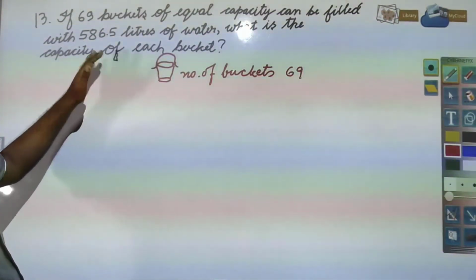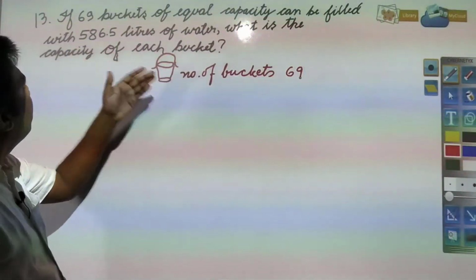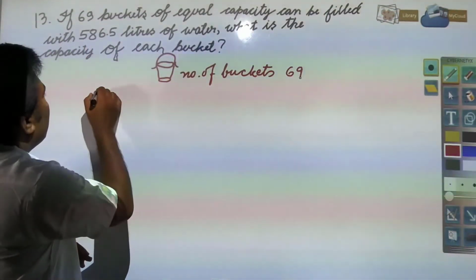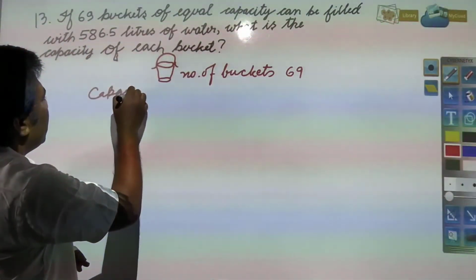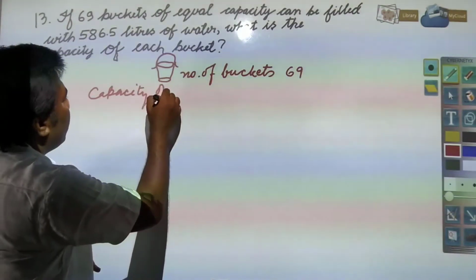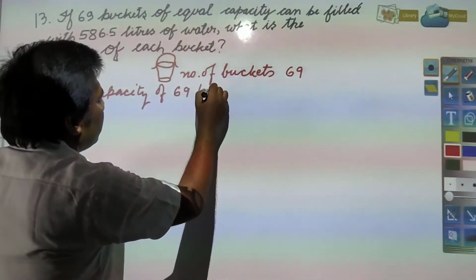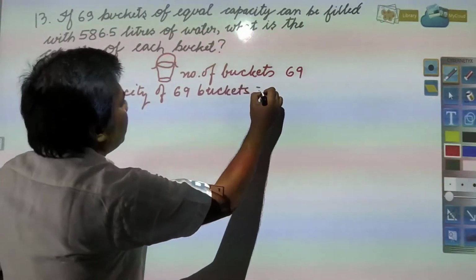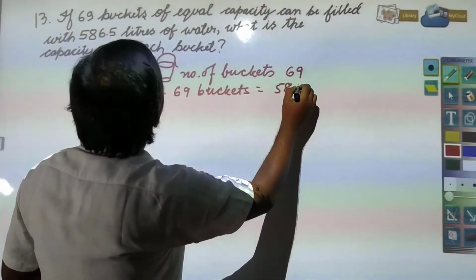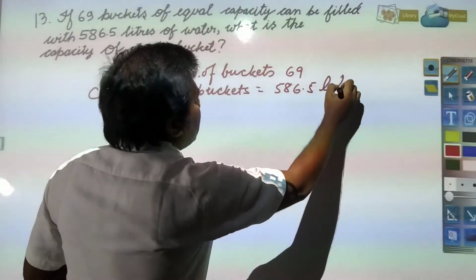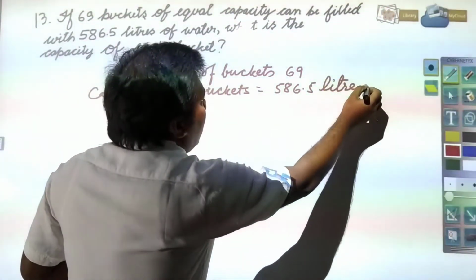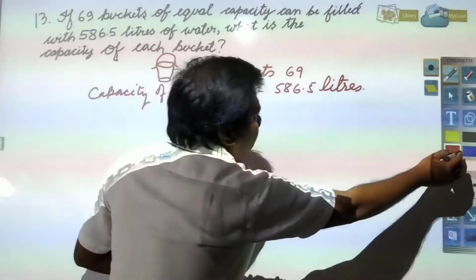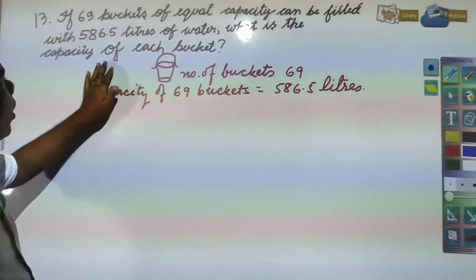The capacity of 69 buckets has been given, 586.5 liters, and then you need to find out the capacity of each bucket.